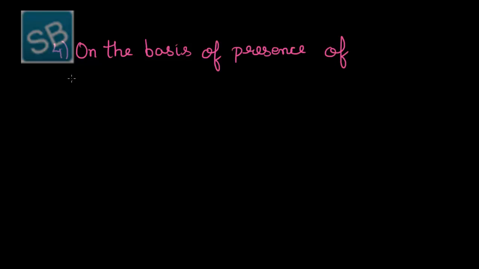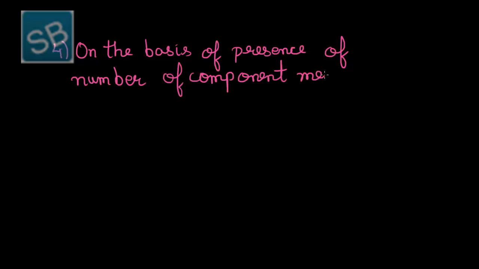Fourth type of classification basis is on the basis of presence of number of component members in all whorls. On this basis, the flower can be divided into two types.